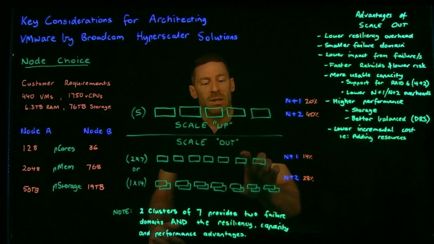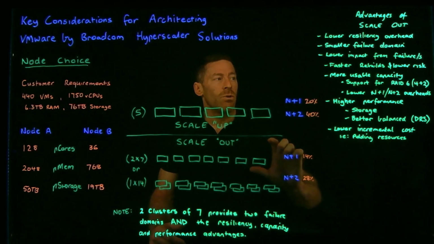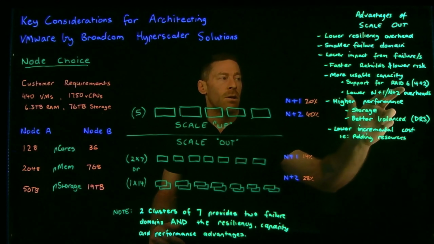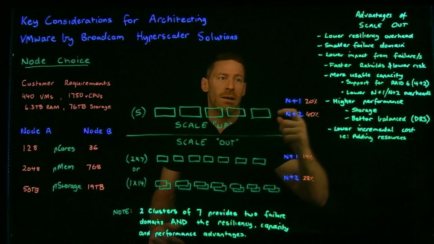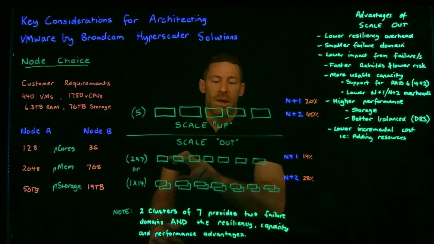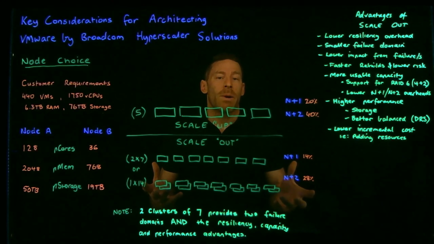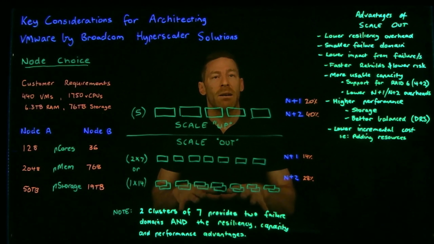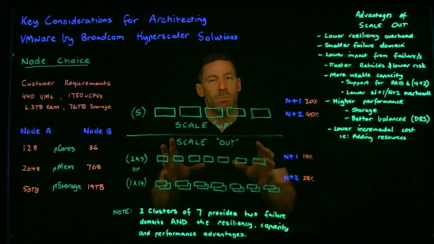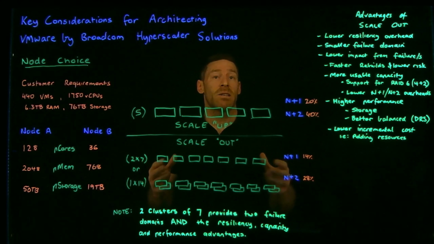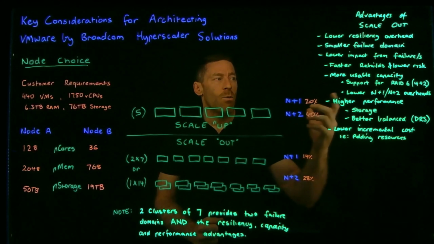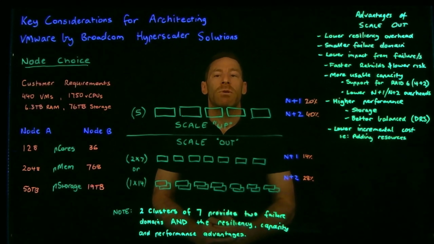So obviously at the scale out topology, what we can do is we can use something like RAID 6, where we've got 4 pieces of data and then 2 parity bits, and that can be spread out across the cluster. This results in more usable capacity for the same physical underlying storage. So this is a big advantage, especially with vSAN Express Storage Architecture, where the RAID, both performance and resiliency, is much increased.